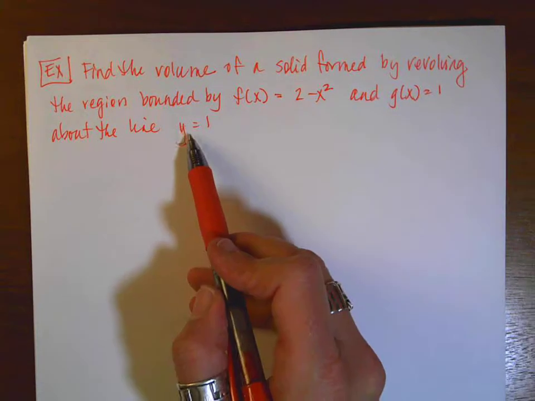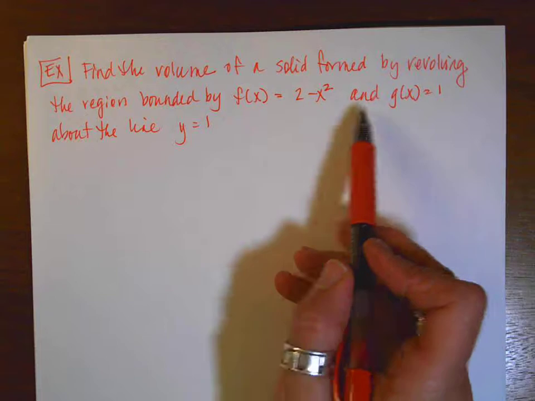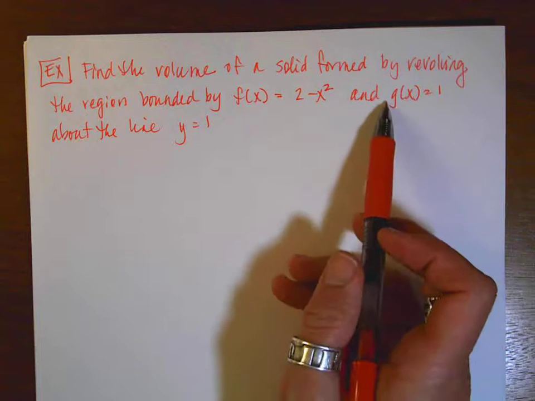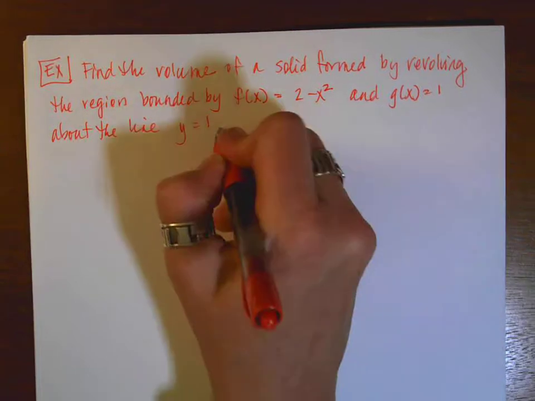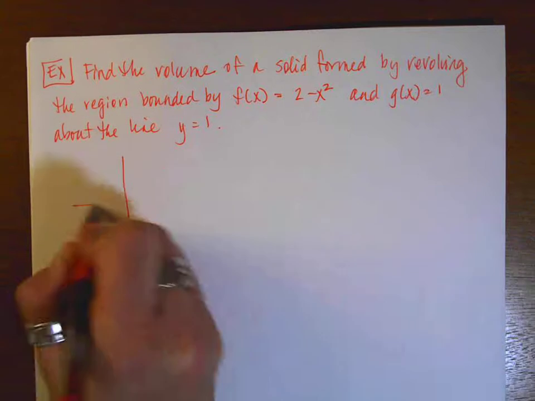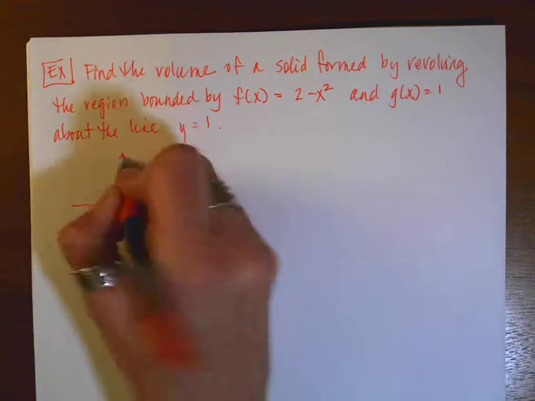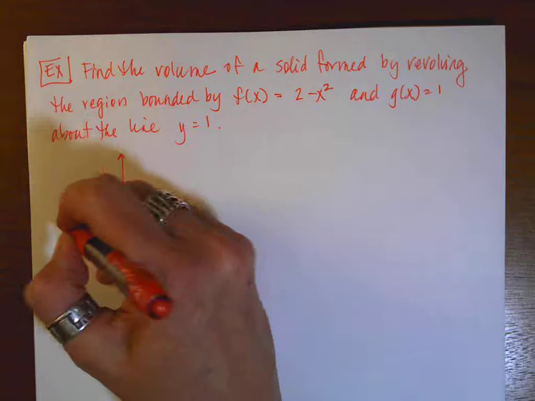So again, this is very nice because it means that the axis of rotation is right on the bottom of my image, okay? So we're going to draw a picture because a picture is worth 1,000 words.